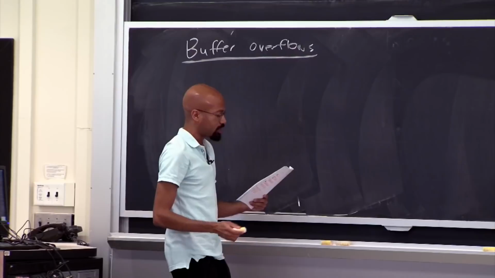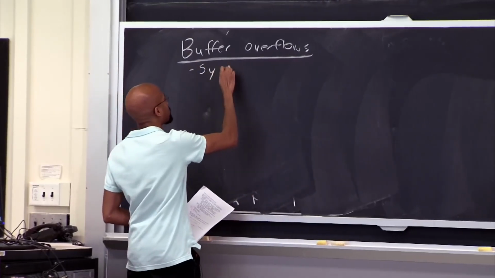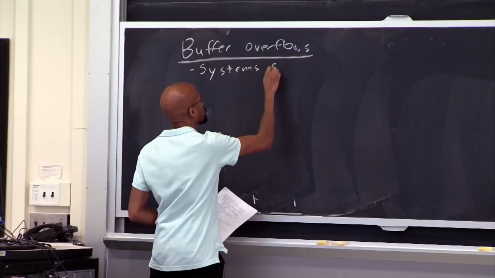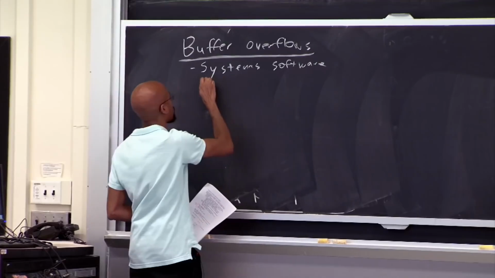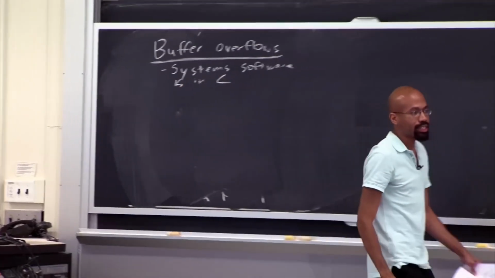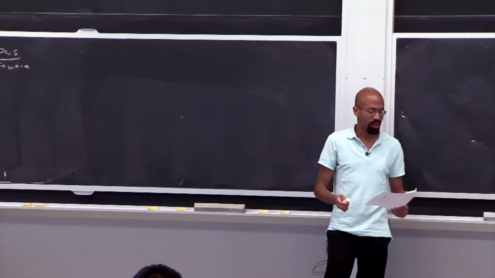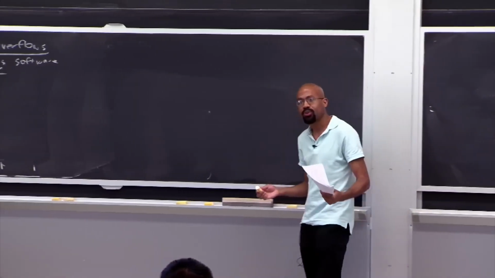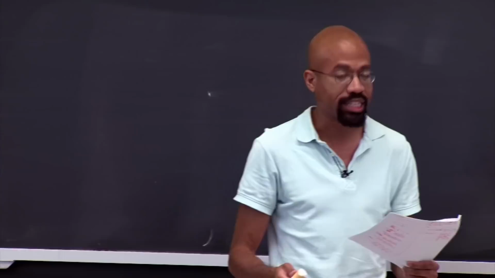One thing that they leverage is that system software is often written in C. And by system software, I mean things like databases, compilers, network servers, things like that. And you can also think of things like your favorite command shell. All those types of things are typically written in C.